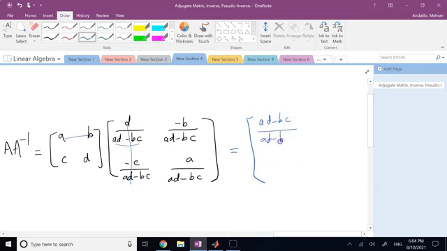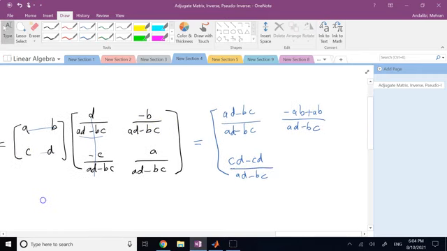Then first row, second column, so it's going to be negative AB plus AB. Then second row, first column, so you're going to get CD minus CD. And finally, second row, second column, you're going to get negative CB plus AD.